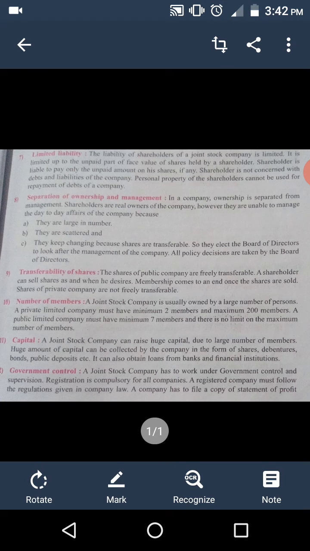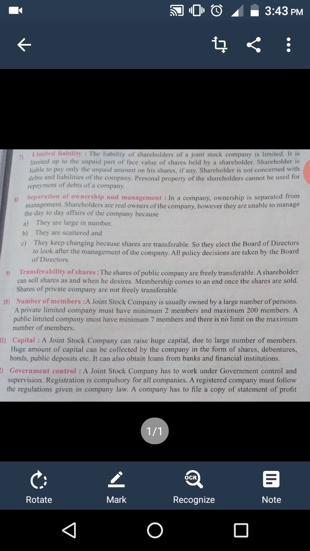Restrictions to transfer shares. Number of members up to 200. This is the private company and public company. A shareholder can sell his shares as and when he desires, because the membership is open to all.